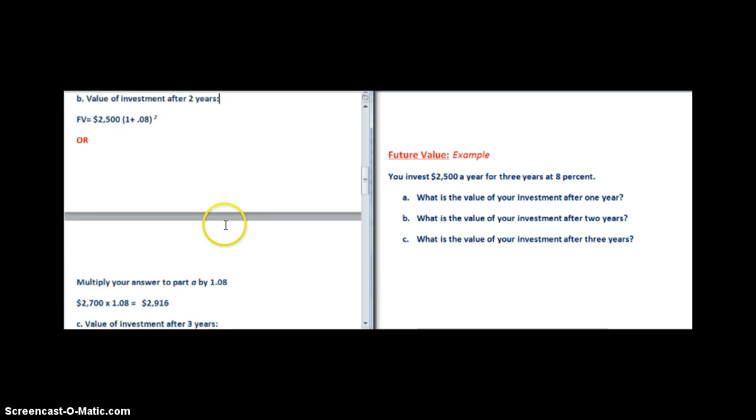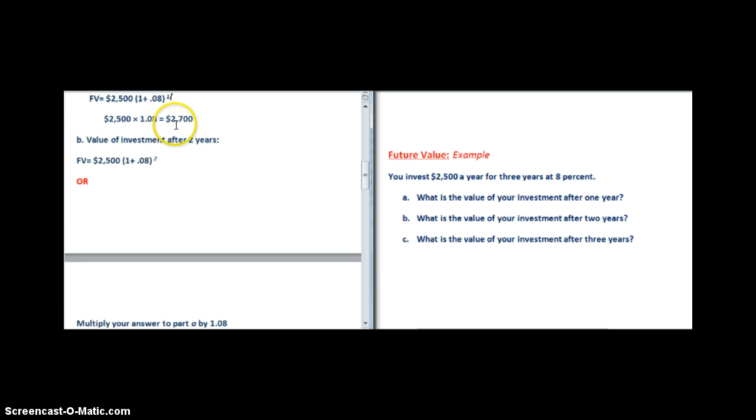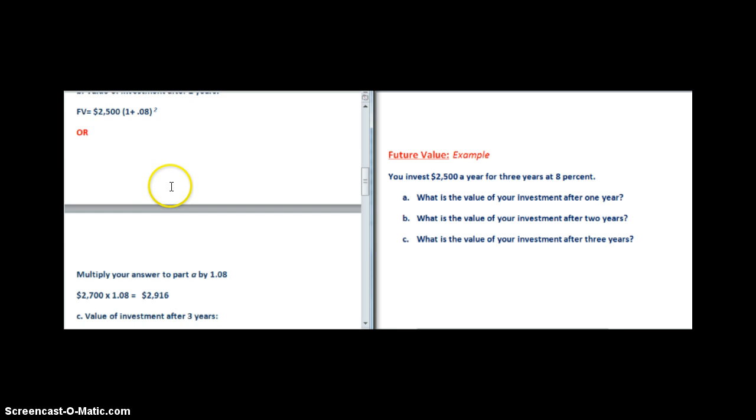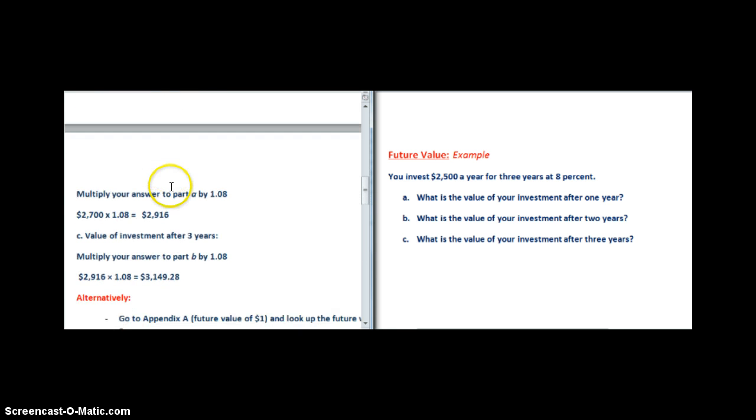Your answer to part A is 2,700, so you multiply 2,700 by 1.08, which will give you $2,916. So the value of the investment after 2 years is $2,916.